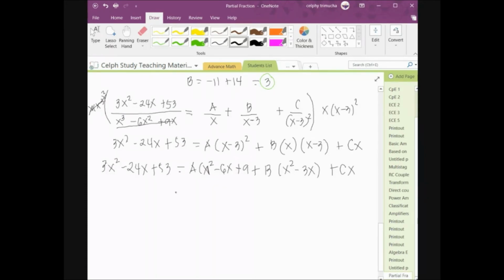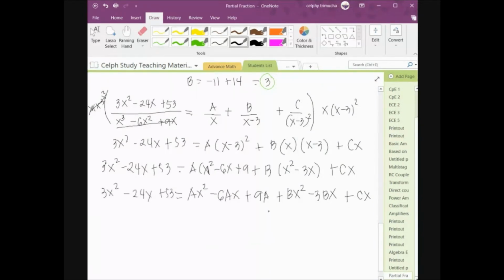Expand ta liwat: ax squared minus 6ax plus 9a, plus bx squared minus 3bx, plus cx. Copy ko lang 3x squared minus 24x plus 53.